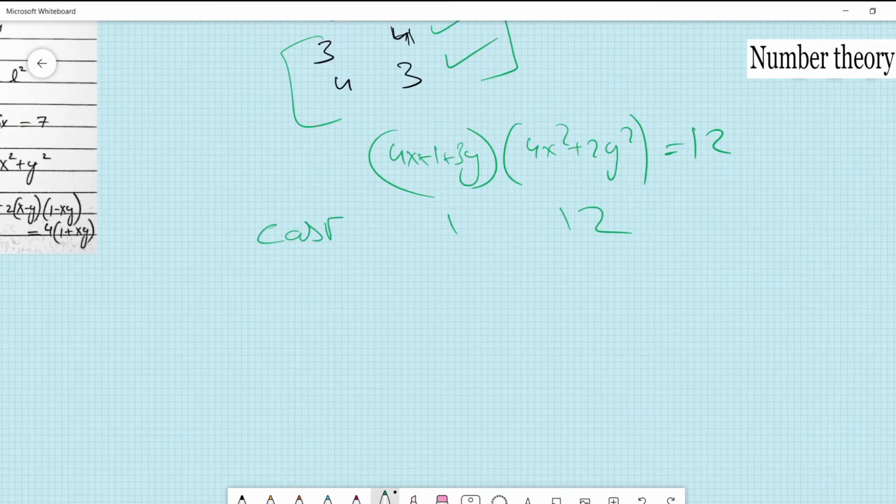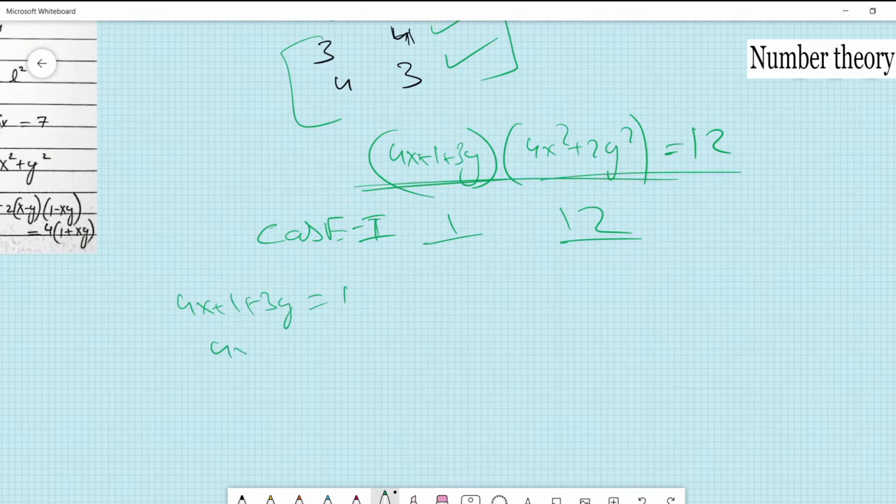So one case would be this and this, and we'll have to solve 4x plus 1 plus 3y equals 1 and 4x square plus 2y square equals 12. Then we'll have to take up case 2, case 3, case 4. So this question will become very lengthy.